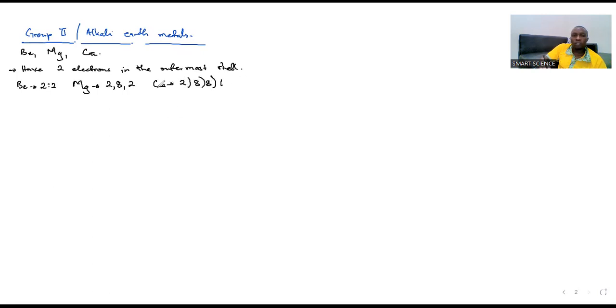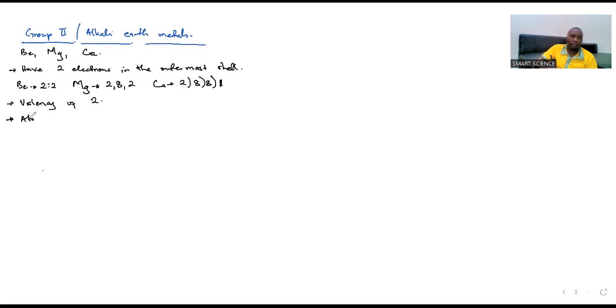The different ways I'm writing my electronic configurations are allowed in an exam. That's why I'm trying to bring in the different versions I expect you to write an electron configuration in. Number 2, they have a valence of 2. So beryllium, magnesium, calcium all have a valence of 2.